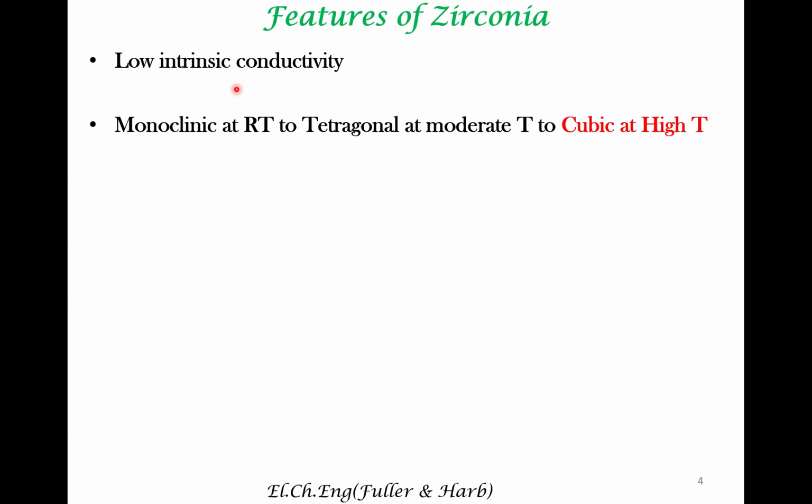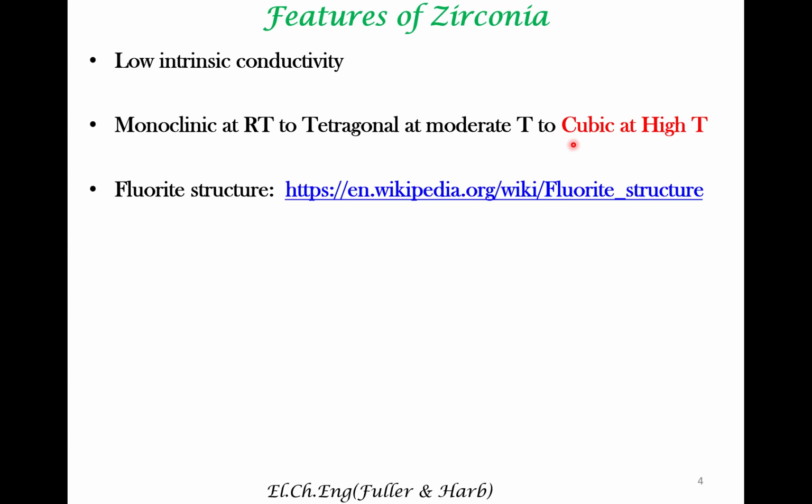And the additional feature which is important is that zirconia at room temperature has a monoclinic phase. At moderate temperature, there is a phase transition to a tetragonal structure, but the structure that is of interest at high temperature of SOFC is a cubic structure. It is good to review your solid state chemical structures.